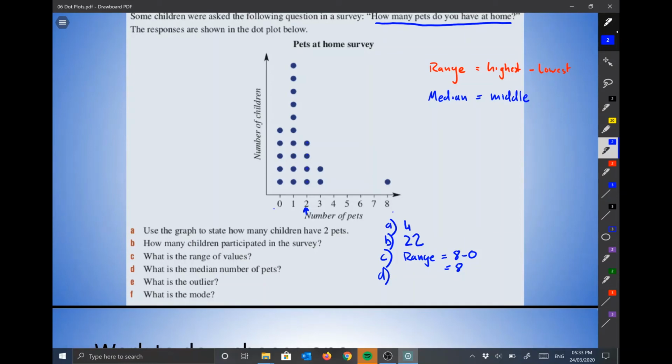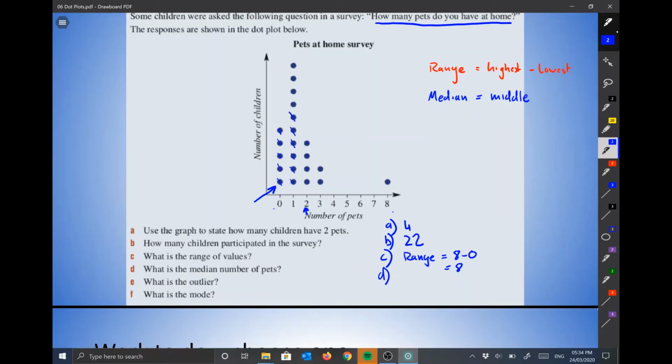So we just need to count up, starting in this bottom corner, going up, and then once we've counted this whole column, we're going to start back at the bottom of the next column. That's how we're going to count through to find the middle. So 1, 2, 3, 4, 5, 6, 7, 8, 9, 10, 11.